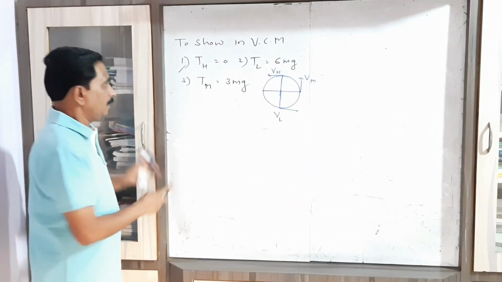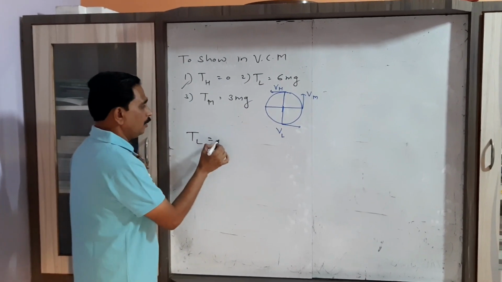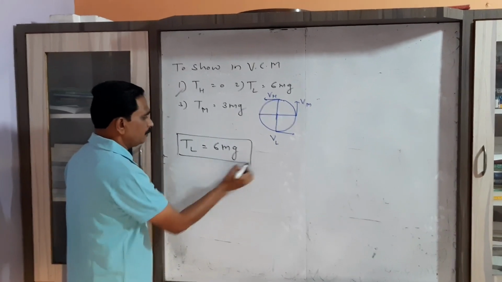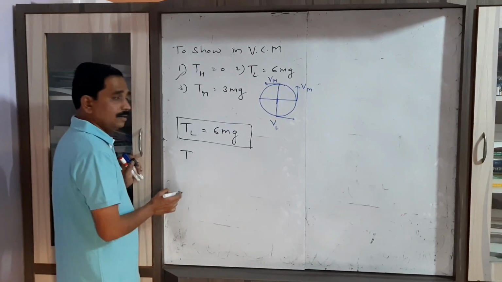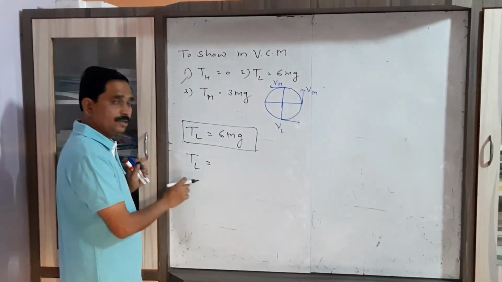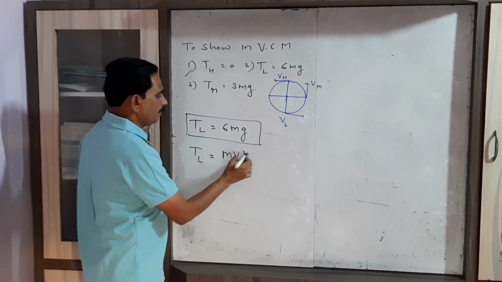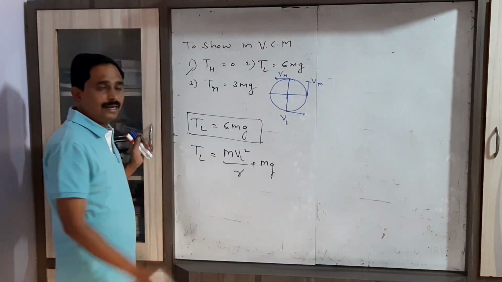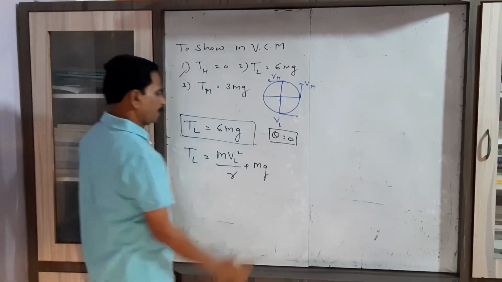Now to find the tension at the lowest position, which equals 6 times its weight, again consider the expression for tension at the lowest position: T_l equals m v_l square by r plus mg, because at the lowest position theta equals 0.